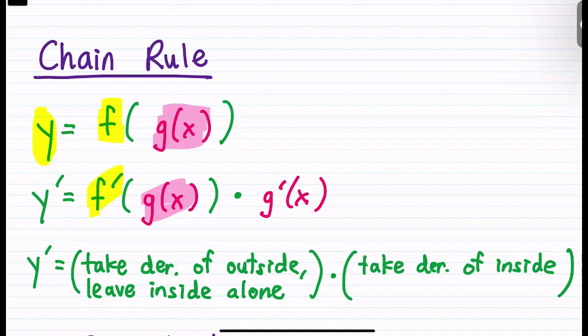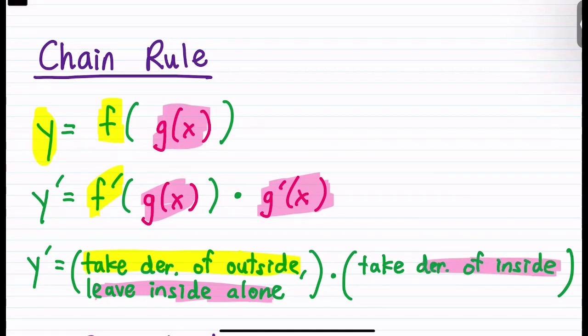Then multiply that by the derivative of the inside function. To rewrite this in the English language, we take the derivative of the outside function, but you leave the inside function alone. Whatever that turns out to be, multiply that by the derivative of the inside function.